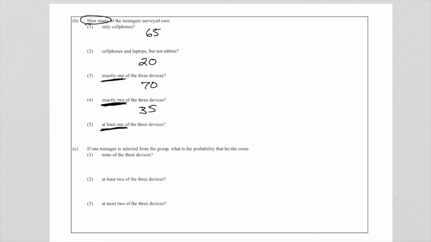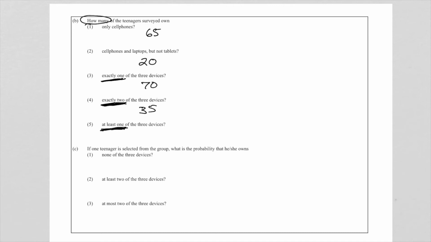Now, you must be very careful with the language here. When they say at least one, what do they include and what do they exclude? At least one means it's a minimum. We want from those people who own 1 device, those who own 2 devices, and those who own 3 devices. That means at least 1.